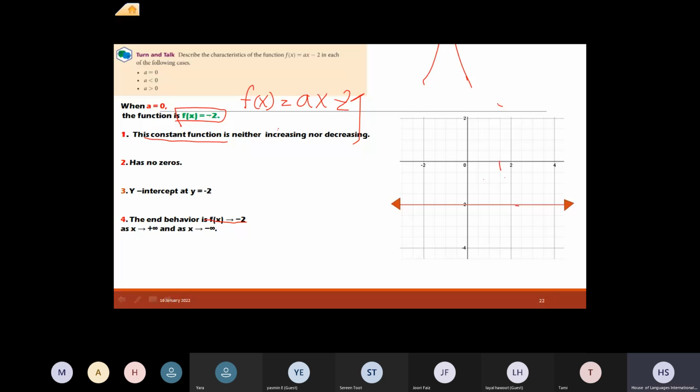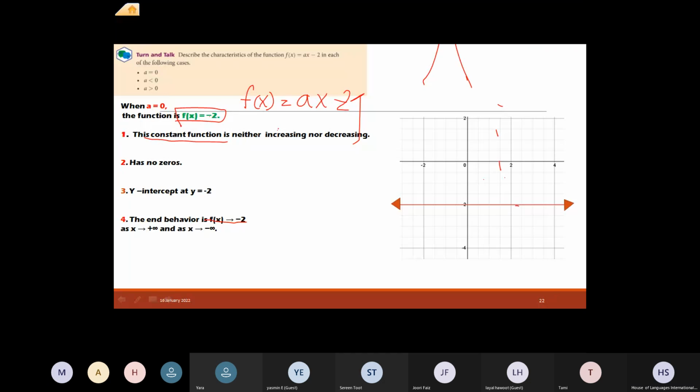So I would say when x goes to negative infinity, f of x is still negative 2. It's constant. When x goes to positive infinity, what will happen? Does it go to positive infinity or negative infinity, or still have a constant number? A constant number. So whether x goes to positive infinity or negative infinity, f of x is still negative 2.